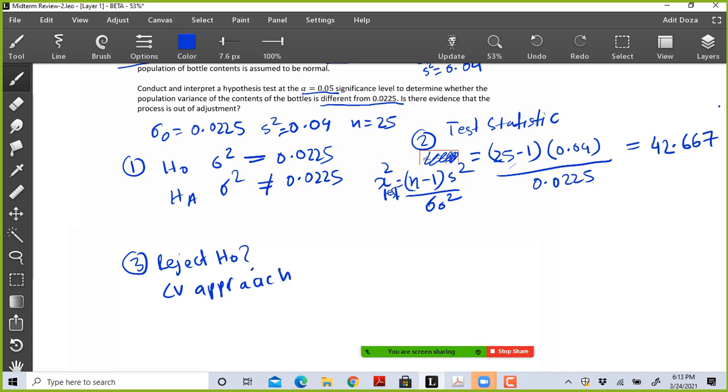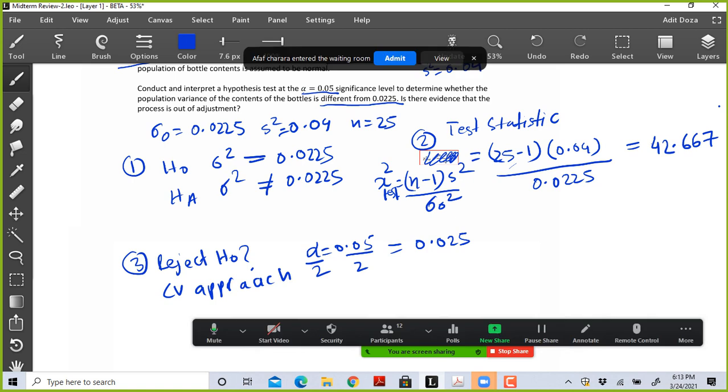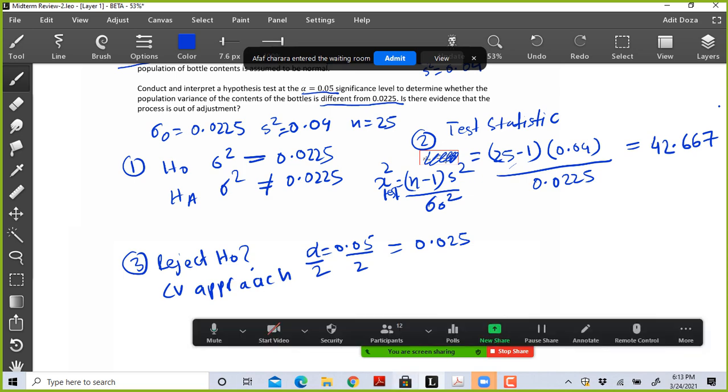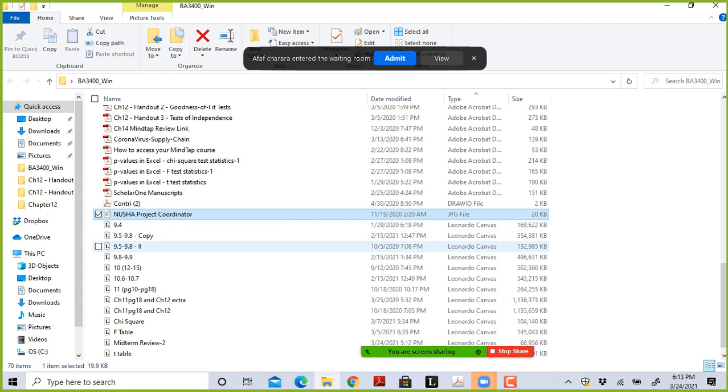So what's our significance level? 0.05. Since it is two-tail, we have to divide it by 2, so 0.025. So there will be two critical tails. Let's open the chi-square table.